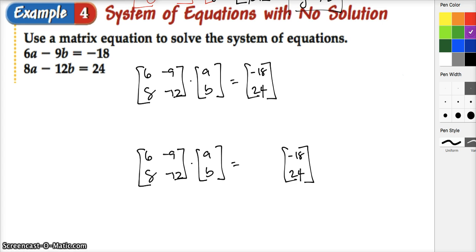The A inverse needs to go here and here. The inverse matrix, again, is 1 over the determinant. And the determinant in this case is going to be 6 times negative 12, which is negative 72, minus negative 72.